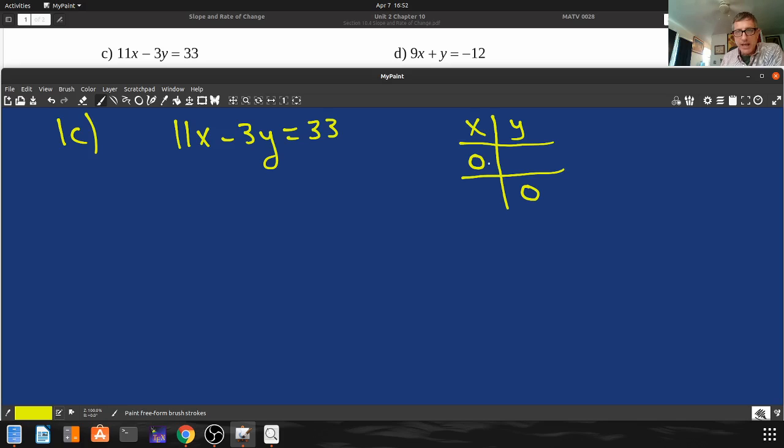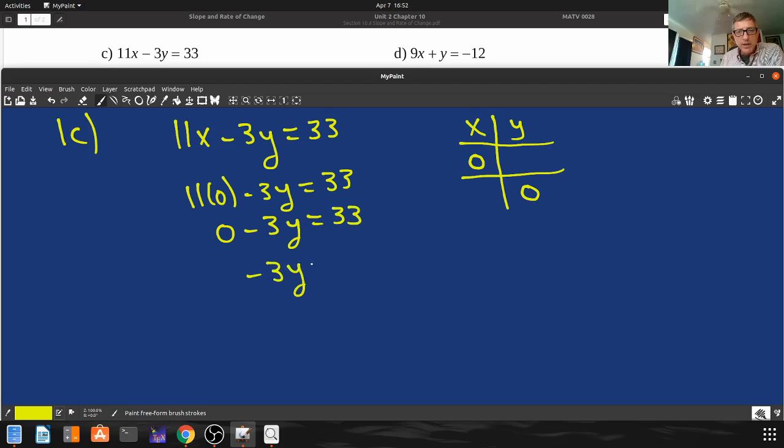So I'm going to set x equal to 0. So that's 11 times 0 minus 3y is equal to 33. But 11 times 0 is 0. So it boils down to minus 3y is equal to 33.